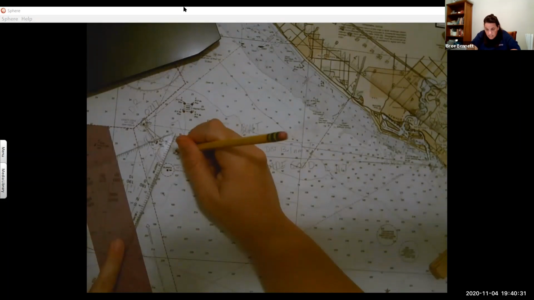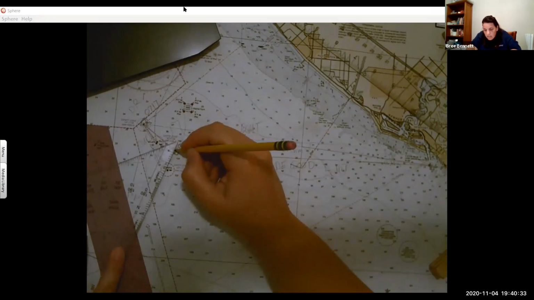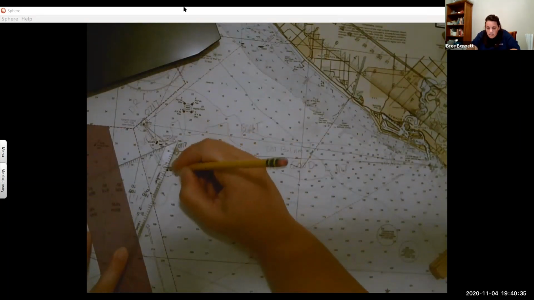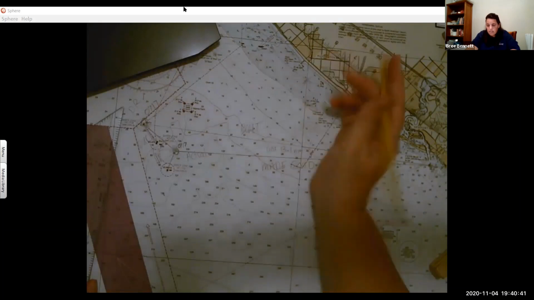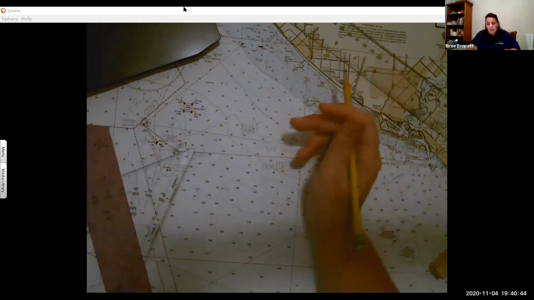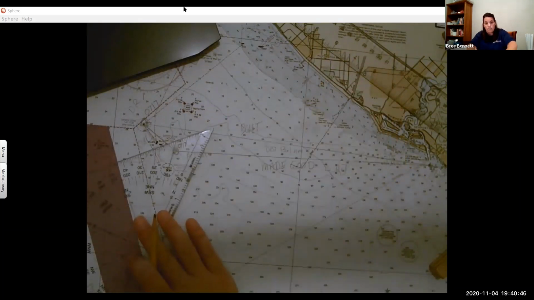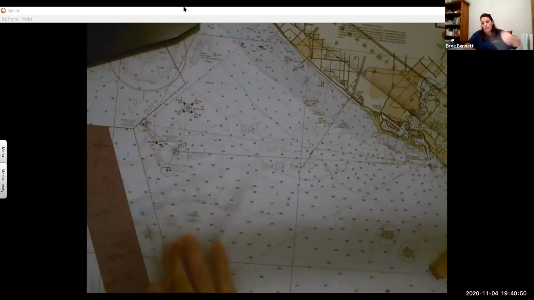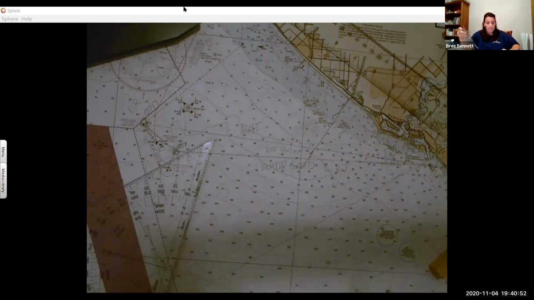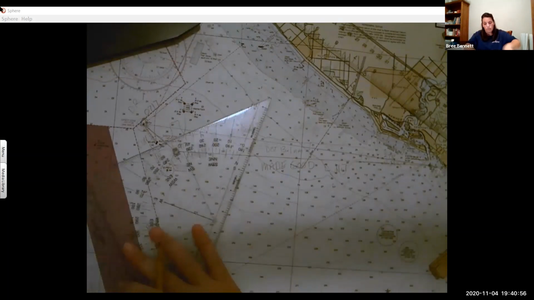So I'm going to connect these two positions, and I want to get the set and the drift. Our first step is to get the direction.